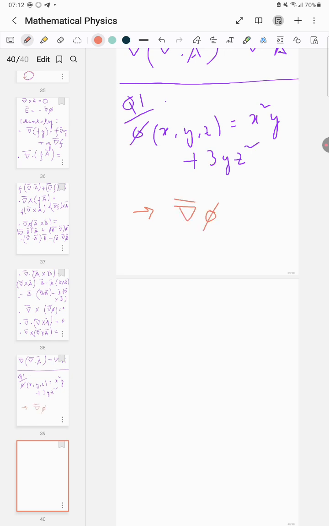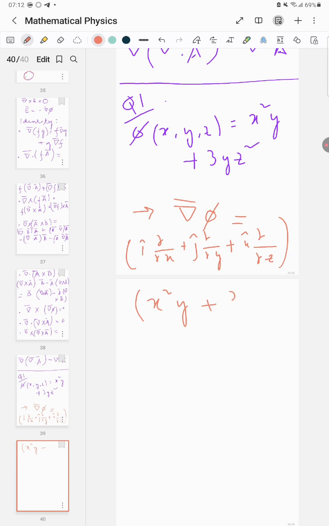Grad phi, right? So we need to find this. Now what is gradient? I cap del del x plus j cap del del y plus k cap del del z, and phi is nothing but x square y plus 3yz square.